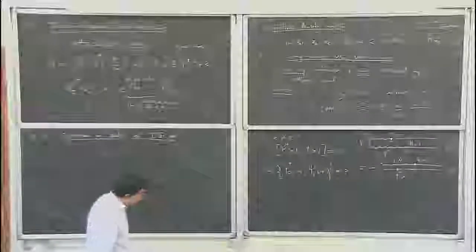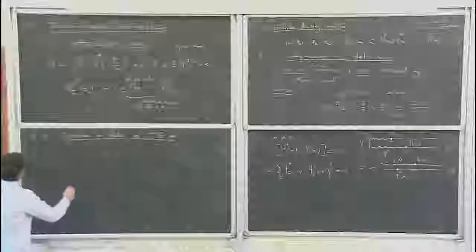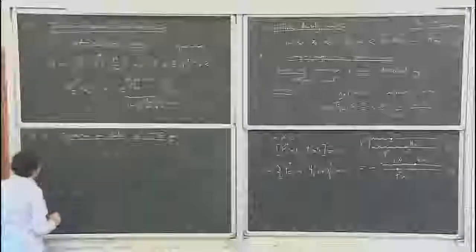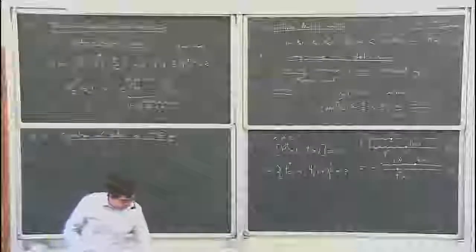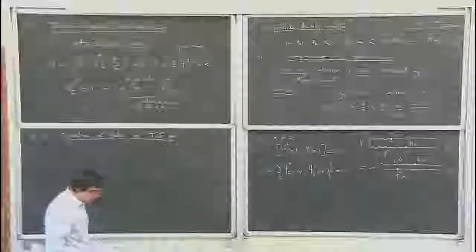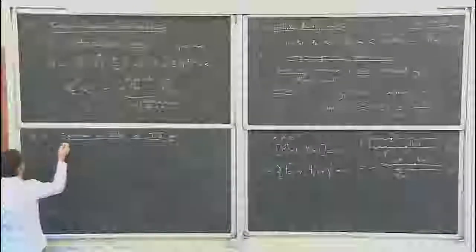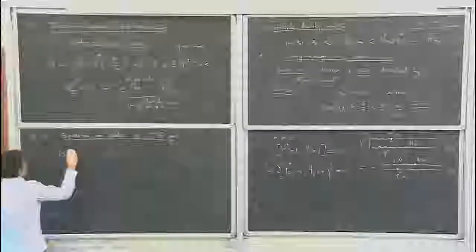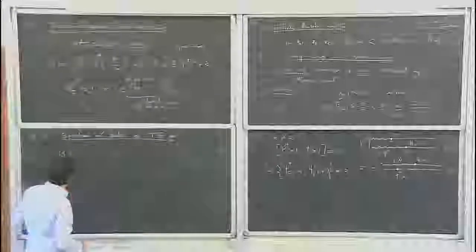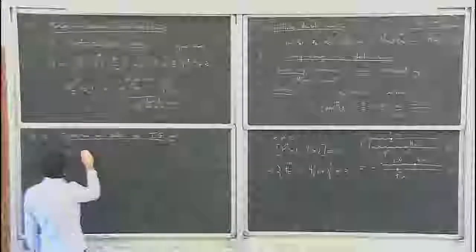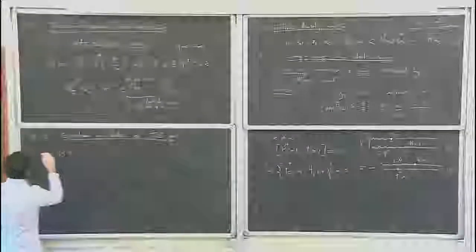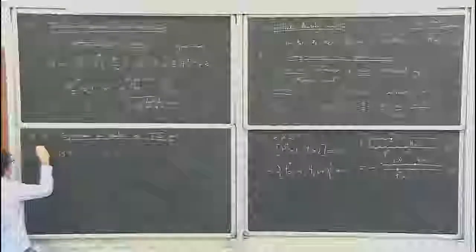Okay, so it maps to a gas of free fermions, and because it maps to a gas of free fermions, the ground state is a Fermi sea. So the ground state of the gas at a given density satisfies these constraints.